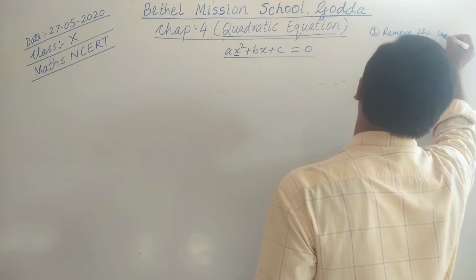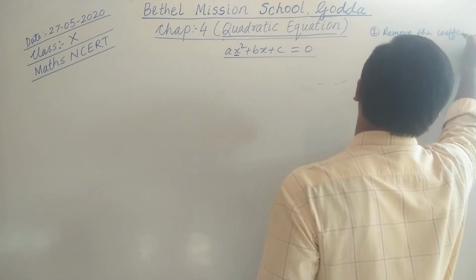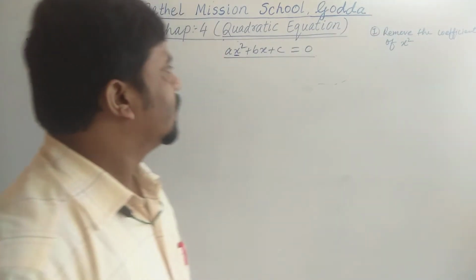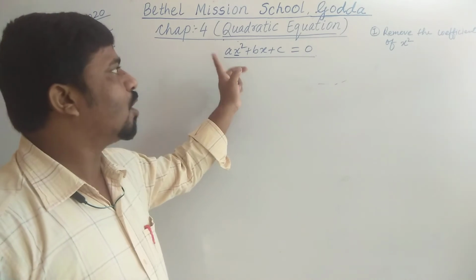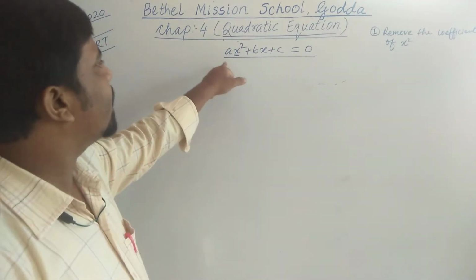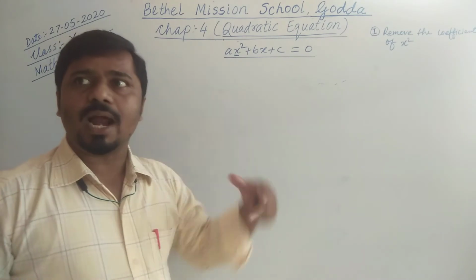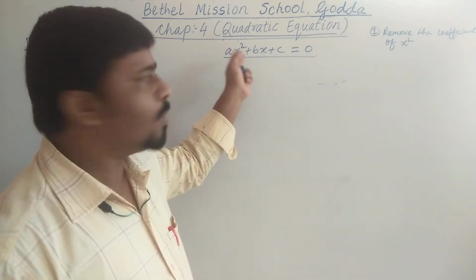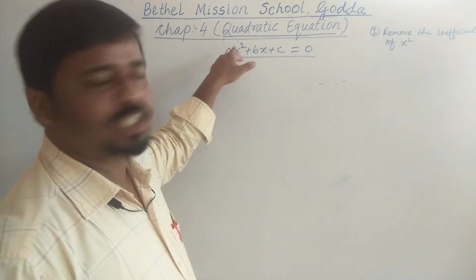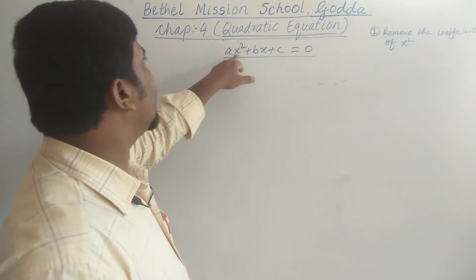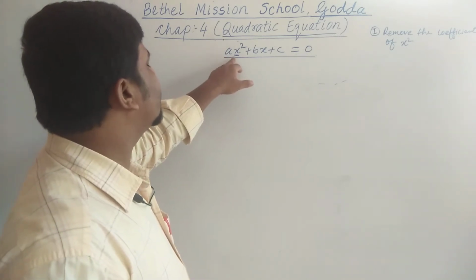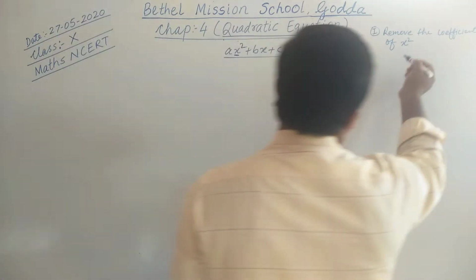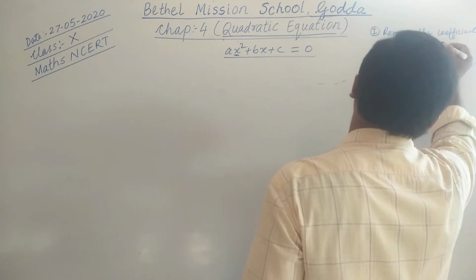For removing the coefficient of x square, will you add, subtract, multiply, or divide? That depends upon the relation between a and x square, and you know that a and x square are in the form of multiplication. So obviously we will divide. Remove the coefficient of x square by dividing.